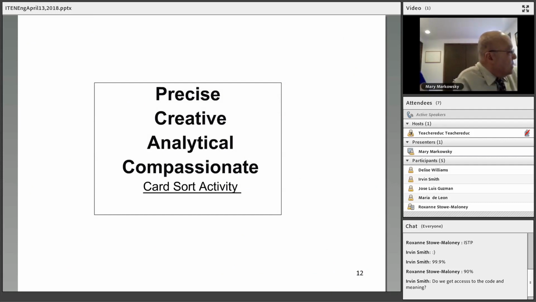If you can all see me on the camera, these are our cards in English, in Spanish, and in Mandarin because we've done training in China.